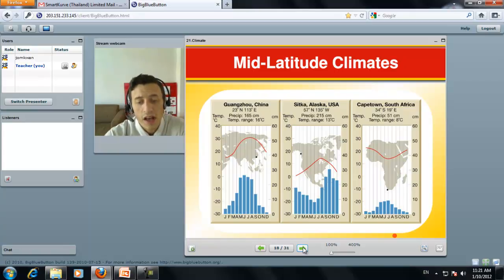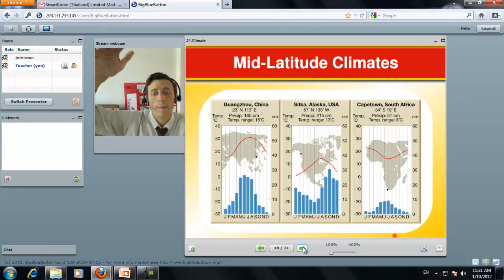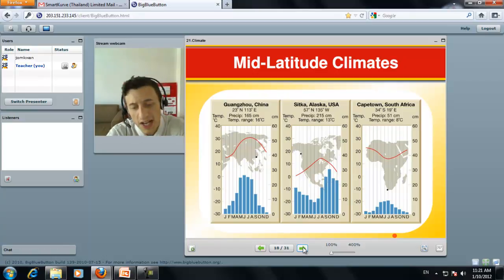And notice that our precipitation peaks before the temperature peaks. Our highest precipitation, the highest rain, comes in June, but the highest temperatures come in August. So our precipitation peaks in the early summer, and our temperature peaks in late summer.